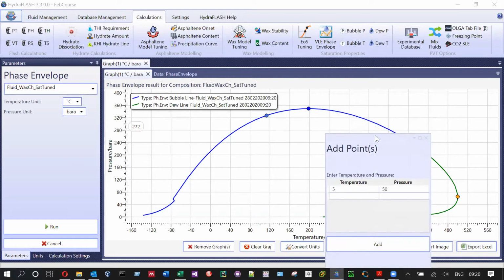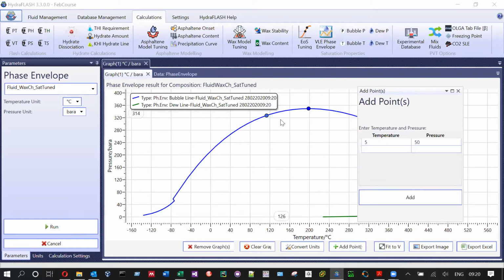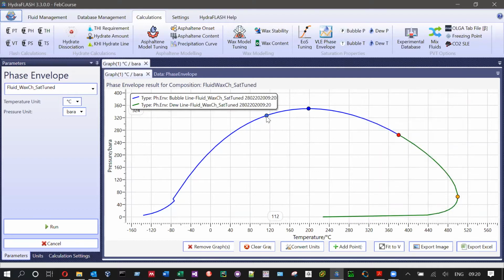You can enter points if you have operating conditions or any experimental data. You can enter the temperature and pressure here, and it shows you the point on the graph. As you can see, the model has been tuned very well with the experimental data, and now it's ready to be used to perform hydrate calculations or any other calculations.